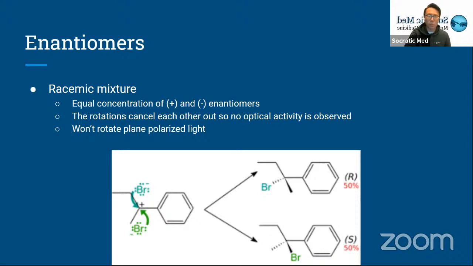But this is only when you have 50-50 of each molecule, and this is known as a racemic mixture of enantiomers.